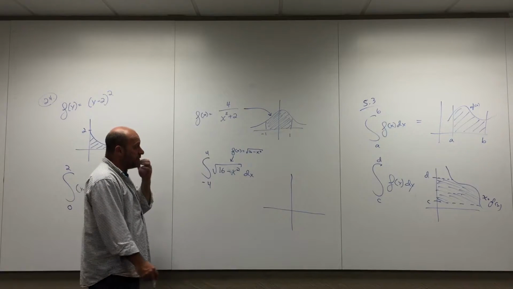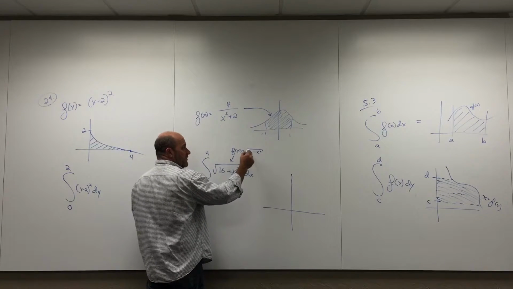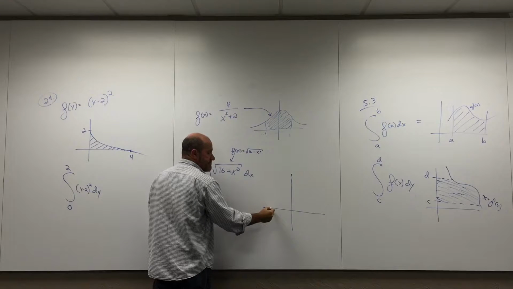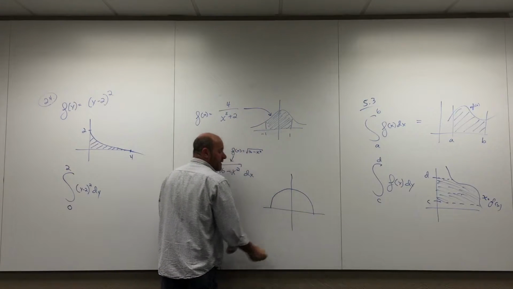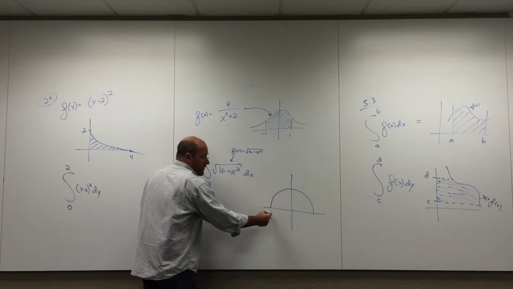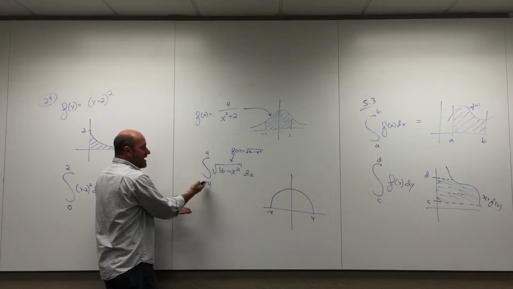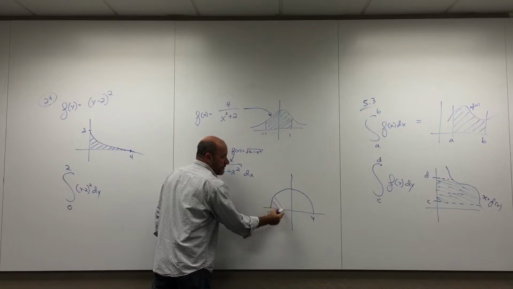If you type this in and look at it, it's a semicircle. It sure is. It's a semicircle of radius 4. So it goes from -4 to 4, which is exactly what they wanted.